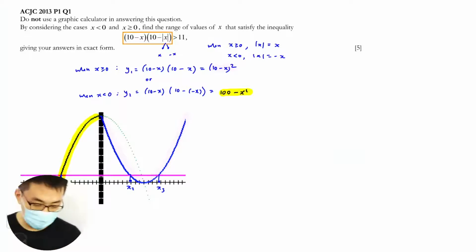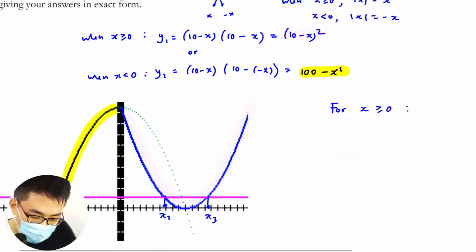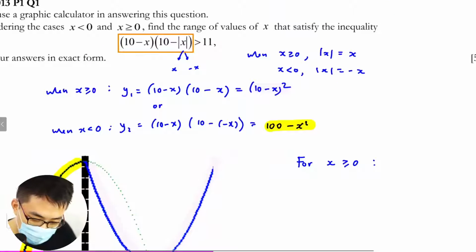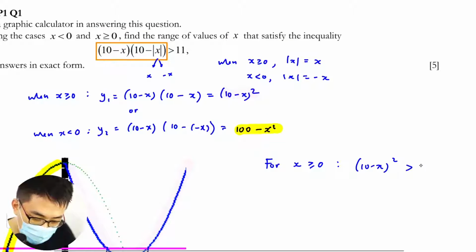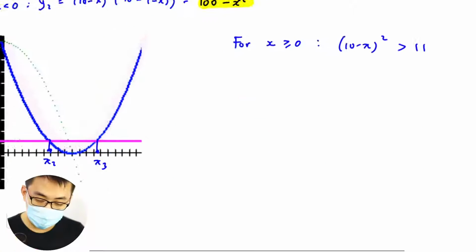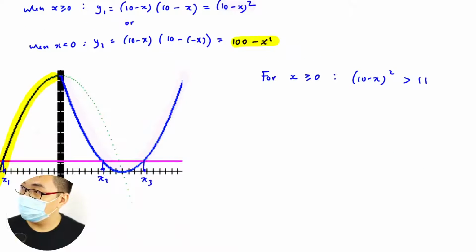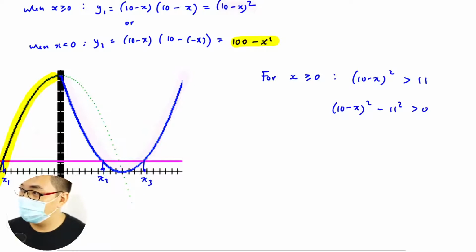Okay, so this is what you write. For x bigger than 0, the inequality will change to 10 minus x squared, sorry, x less than 0, 10 minus x squared bigger than 11. So this one here, do you expand it? No, right? You can expand, of course, but it's better if you use this formula.